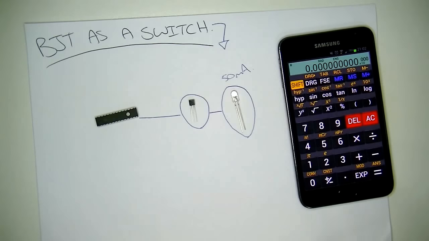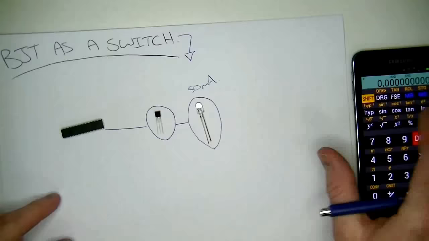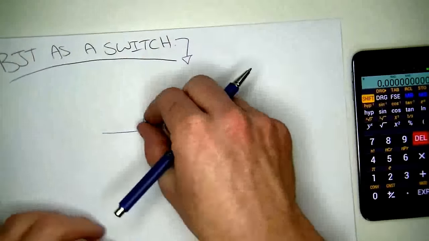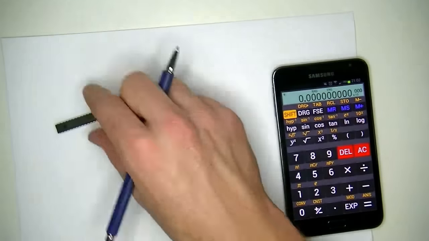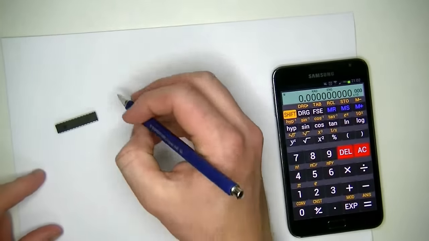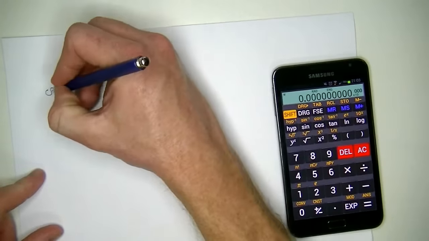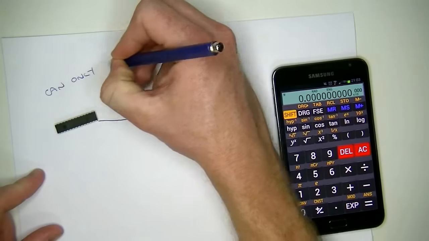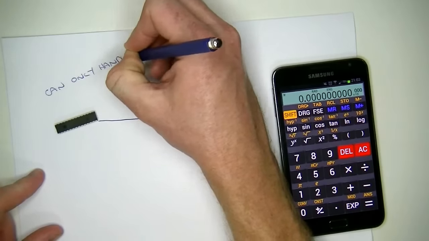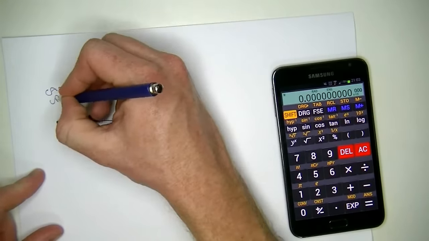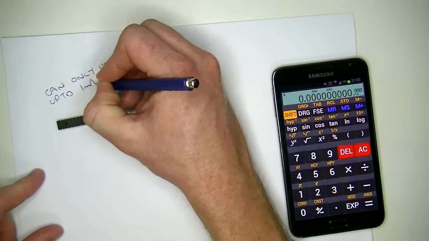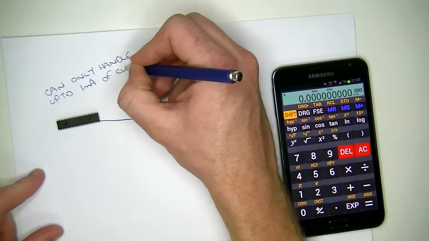Alright, with this little demonstration there are going to be a couple of bits of pretending. I'm going to pretend that this microcontroller port pin can only handle up to 1 milliamp of current.